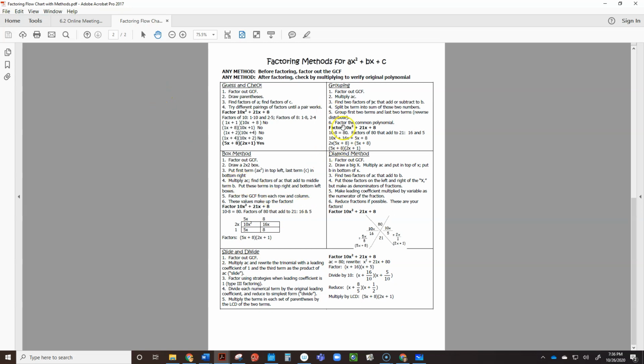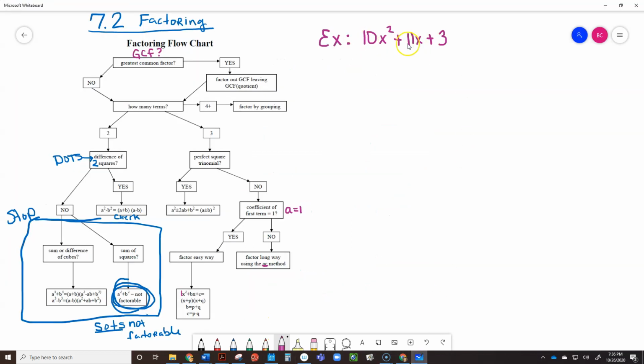So the AC method by itself means that we're going to take this problem and alter it in just a simple way to get ourselves moving in a direction that will help us factor the problem. Notice that we haven't done anything with this 4 plus, and we will. That comes later on, second semester.